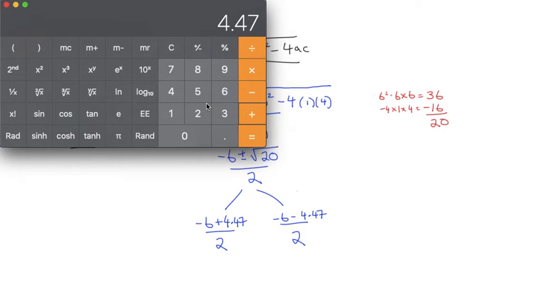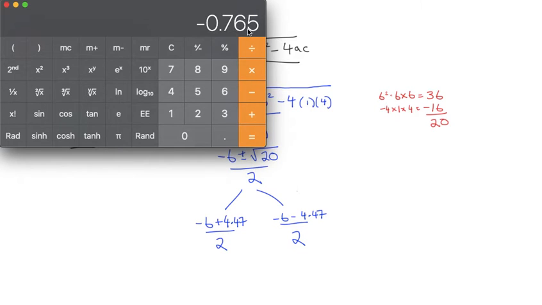So you can't do that. What you have to do first is you have to put in minus 6 plus 4.47, and then you hit the equal sign. Okay? Then you divide that by 2. And that gives us minus 0.765.